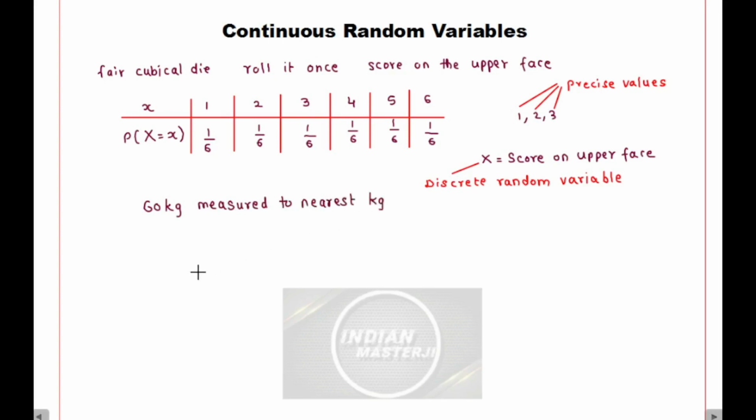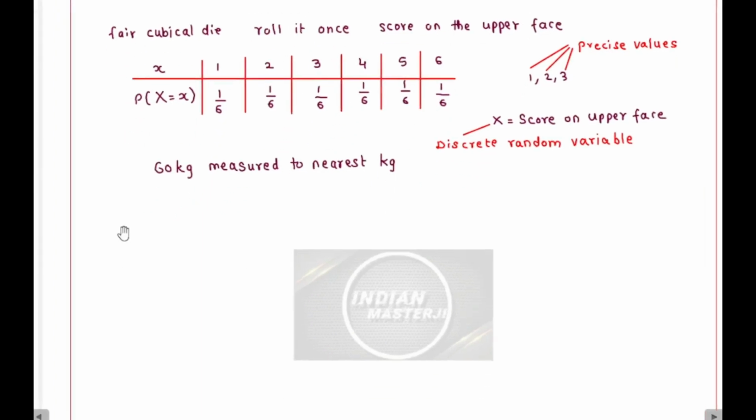So can I say precisely that my mass will be 60 kgs? No. My mass can be anything between 59.5 kgs to 60.5 kgs.